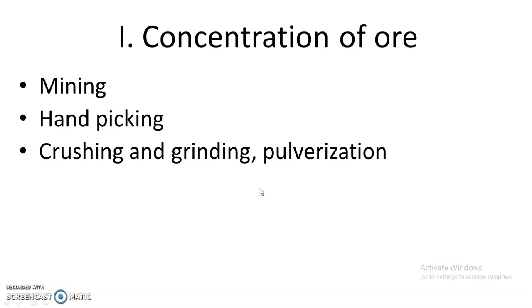Whereas the process of grinding the crushed ore into fine powder with the help of stamp mills is called pulverization. So after hand picking or mining, the ore is first crushed into larger particles and then into powder by means of pulverization. So this is also one of the important steps.